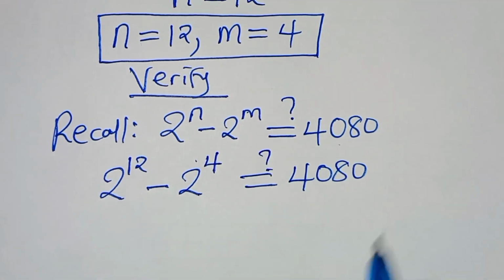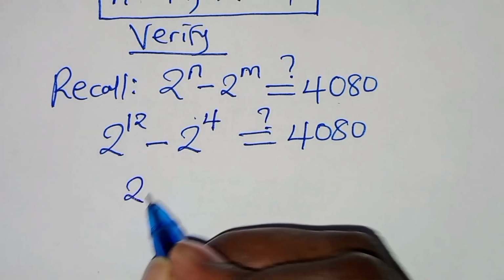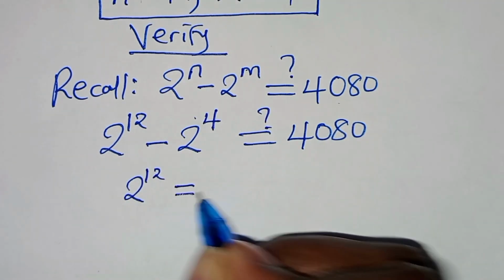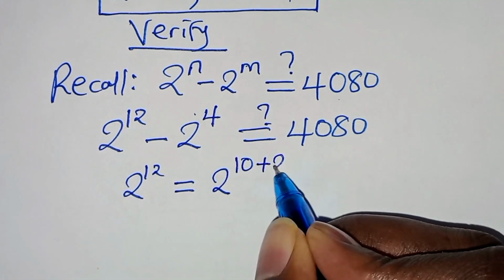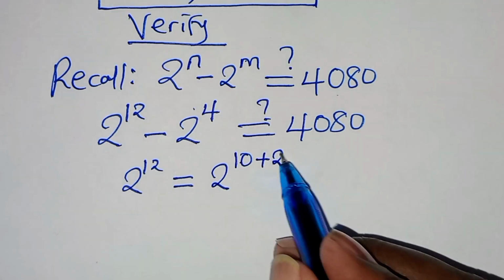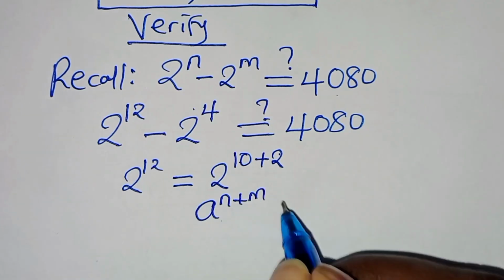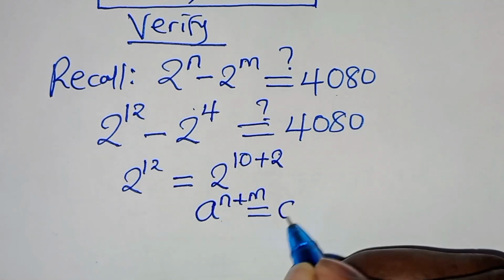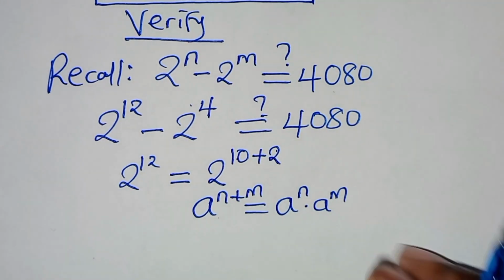Now, we have 2 to the power 12. This is the same thing as 2 to the power 10 plus 2. And you find that 2 to the power 10 plus 2 is in the form of a to the power n plus m, which we can express as a to the power n times a to the power m.